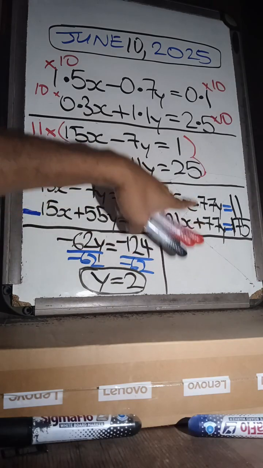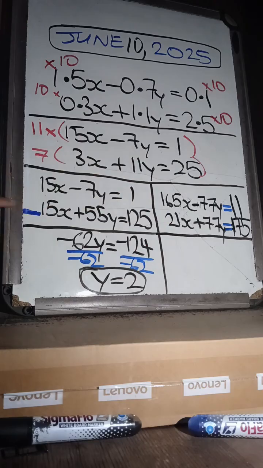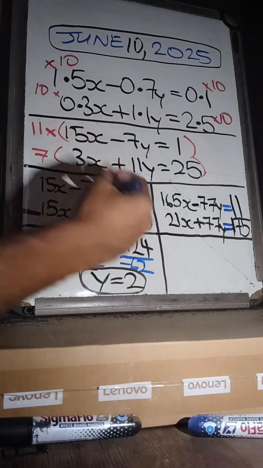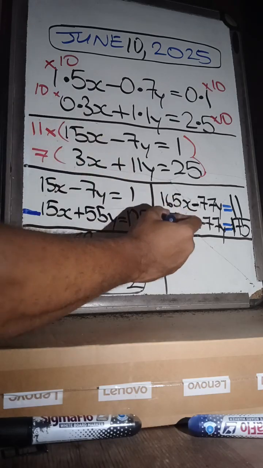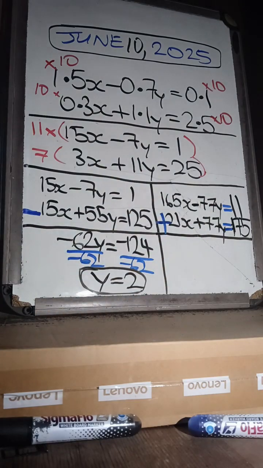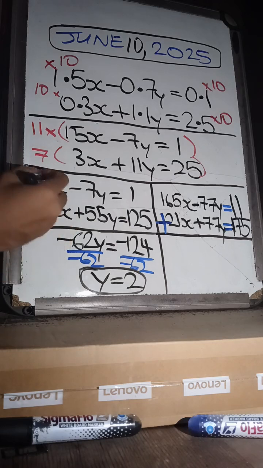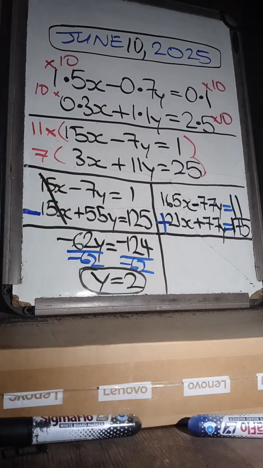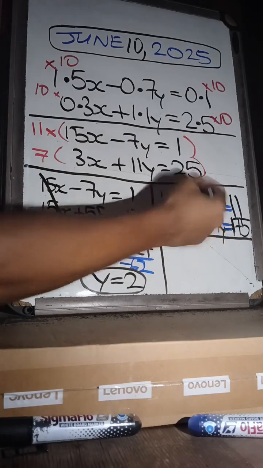The coefficients of y are different, so instead of subtracting, we're going to add, right? So we will have that going on. So obviously subtract this from this, 15x minus 15x, right? You add this to that.